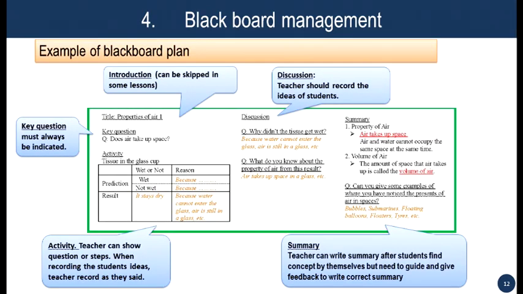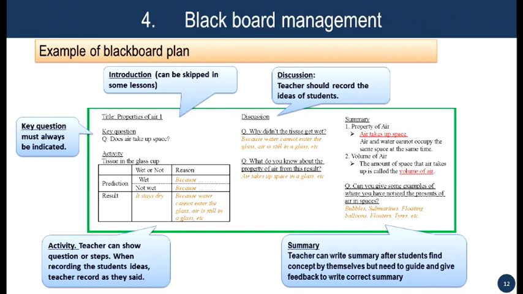Let's have a look at the Blackboard plan. Here on the Blackboard plan, we have the introduction, a key question, discussion, and summary at the end.